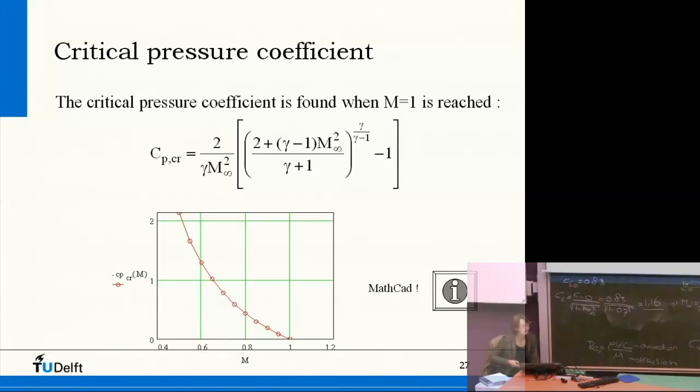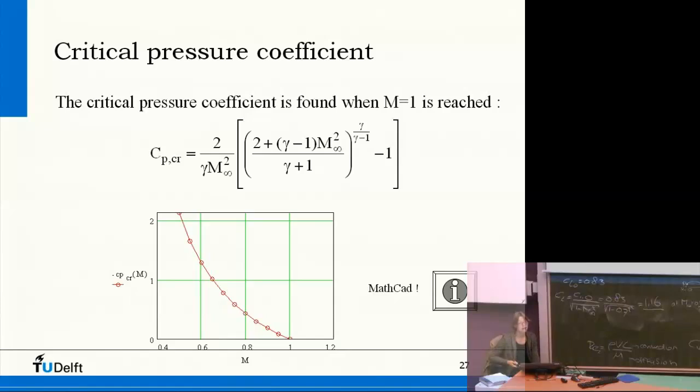Yes, so the Mach number is the actual velocity the body is at, and it tells you the critical pressure coefficient at the point where you have Mach 1, so where you will reach Mach 1 first. Okay, so when the flow reaches Mach 1 along the body, or when the body itself is going at Mach 1?